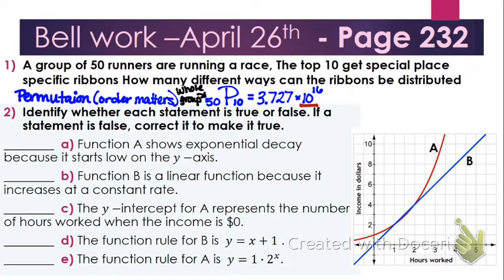This number is so large that it couldn't fit on the calculator screen. So the calculator moved the decimal over and told you how far it moved the decimal. To give you an idea of how large this number is, I'm going to write the full number up here. It's enormous.